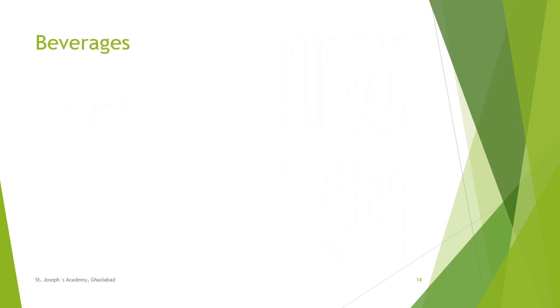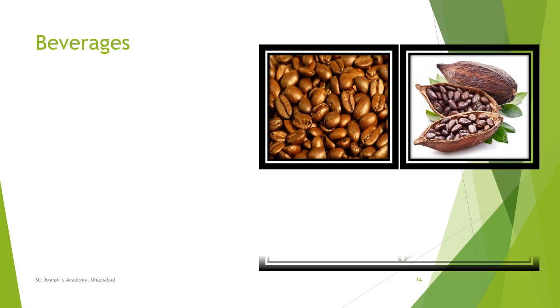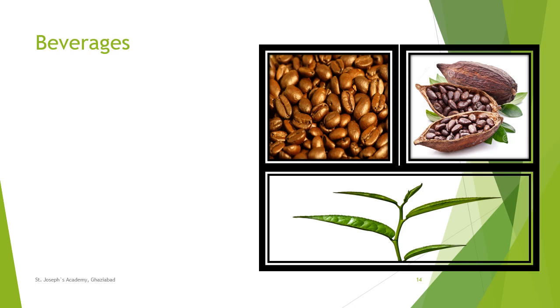Next are the beverages. First picture is of the coffee, then of the cocoa and of the tea. All these are the beverages which we get from the plants. Now what are beverages?